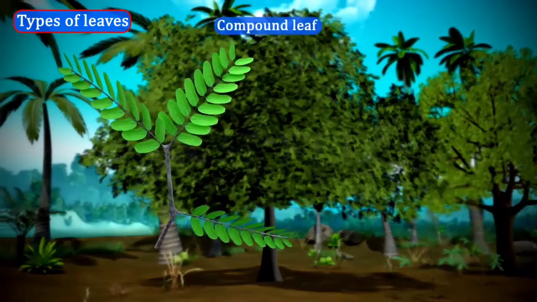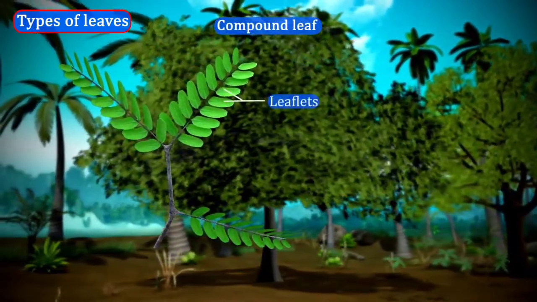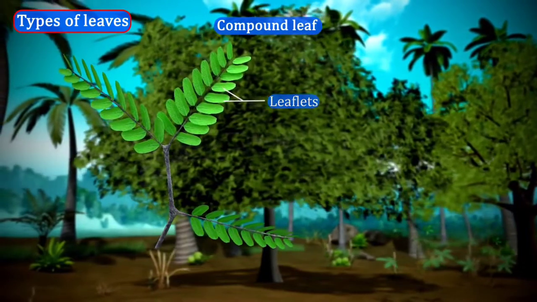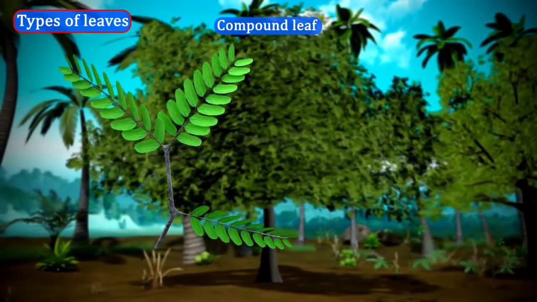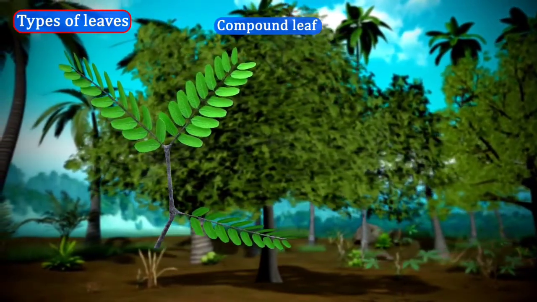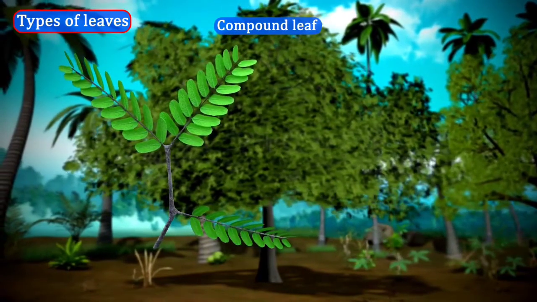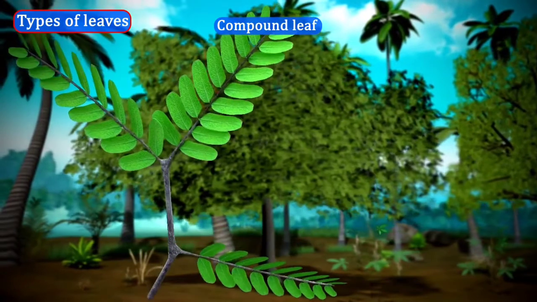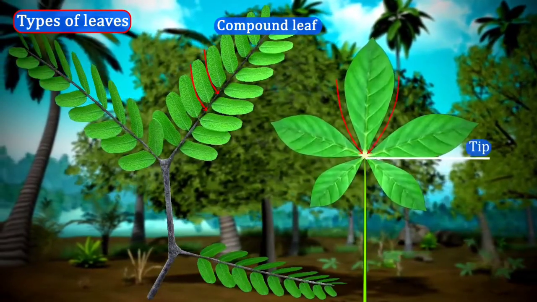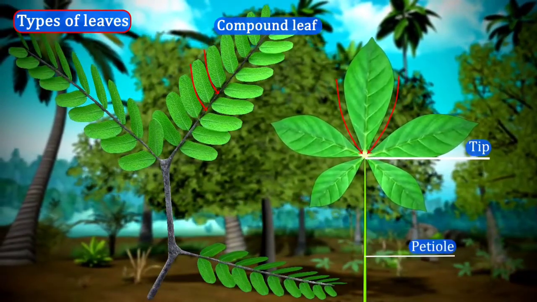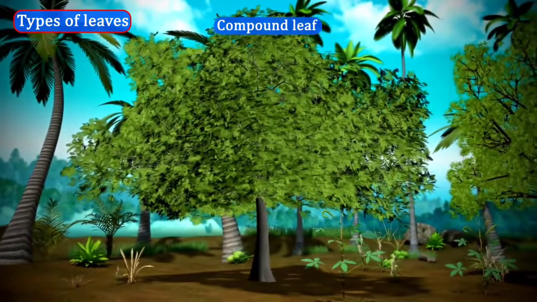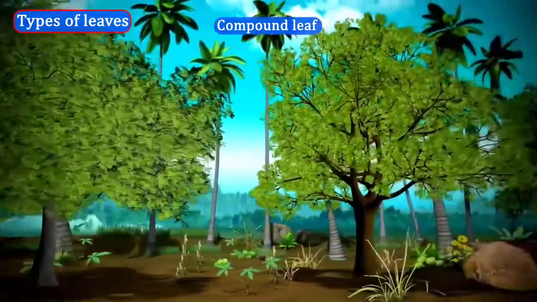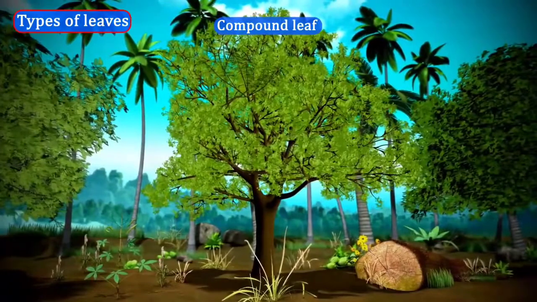Compound leaves. A leaf with leaflets is called a compound leaf. In a compound leaf, leaflets are formed due to the division of the lamina. It occurs completely from the margin up to the midrib or up to the tip of the petiole. The compound leaves are classified into two types on the basis of the position of leaflets.